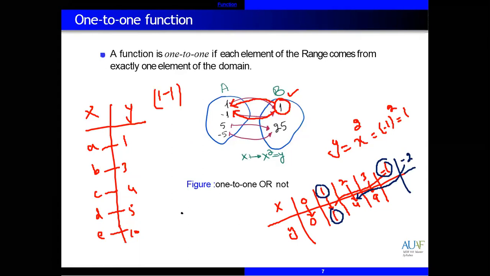So minus 1 and plus 1 both give you the y value 1, and the same with minus 2 and plus 2, both give you the value 4. So that's not a one-one function. In a one-one function, one number will be in relation with only one other number.